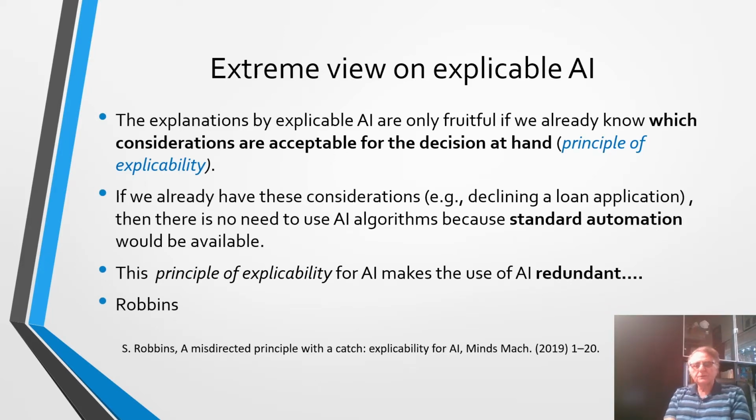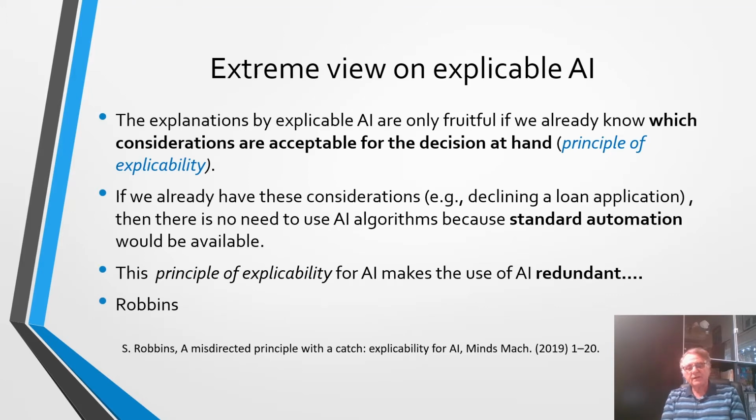He formulated the principle of explicability, where explanations by explicable AI are only fruitful if we already know which considerations are acceptable for the decision at hand. At first glance, it looks like a very normal statement without severe conclusions. However, if we go further, then the statement is the following.